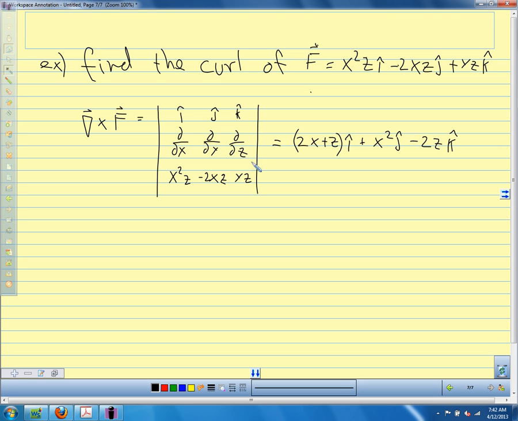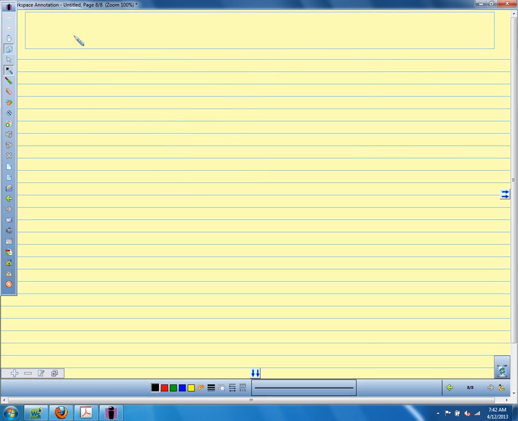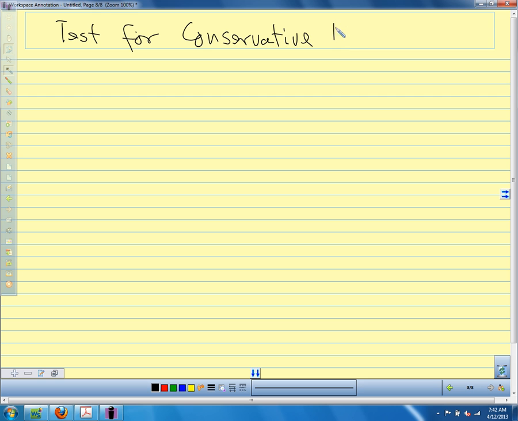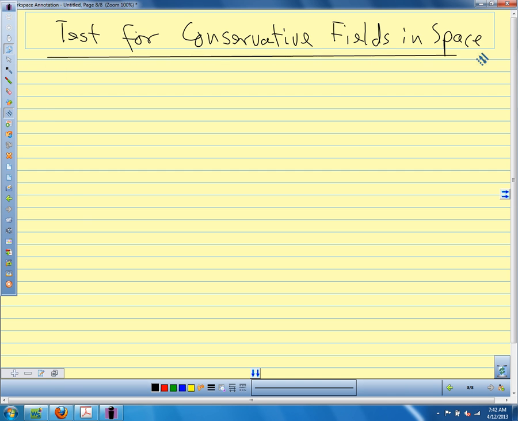And if our curl is 0, we call our vector field irrotational. Well, the curl being 0 tells us something else about our vector field. So we had a test for conservative vector fields in the plane. Now we need to talk about our test for conservative fields in space.